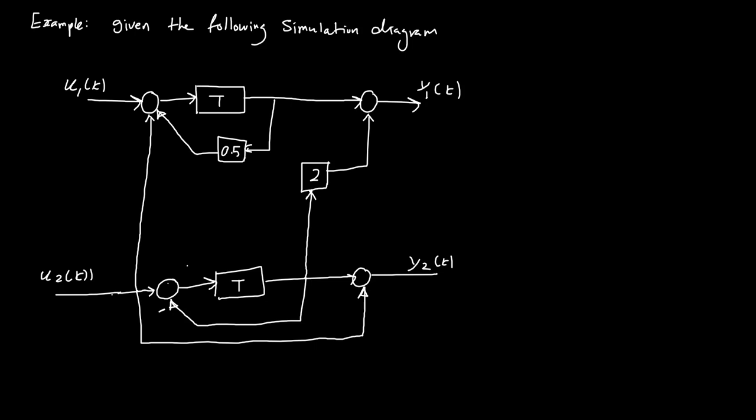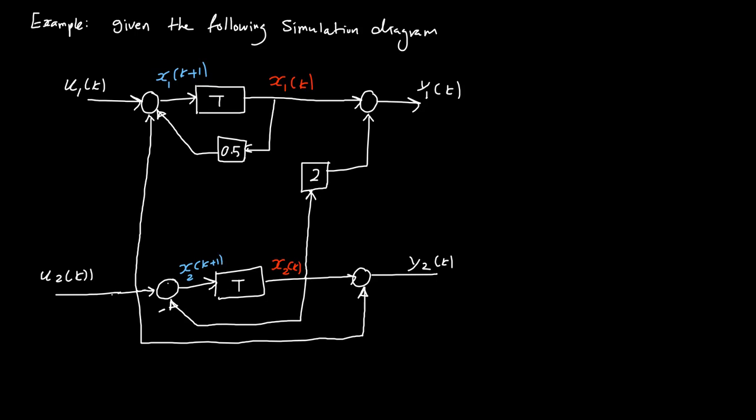So given that this is x1 of k, and this is x2 of k. If this is x1 of k, this unit delay, then this will be x1 of k plus 1. The same thing, this will be x2 of k plus 1.